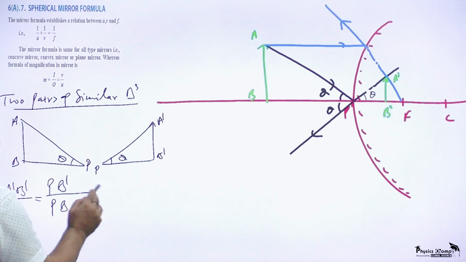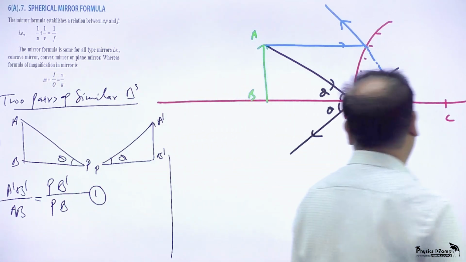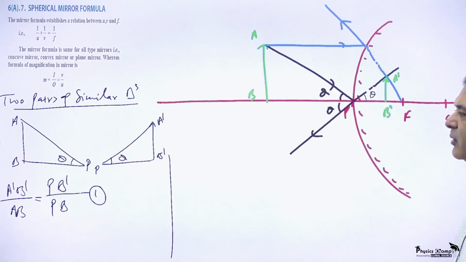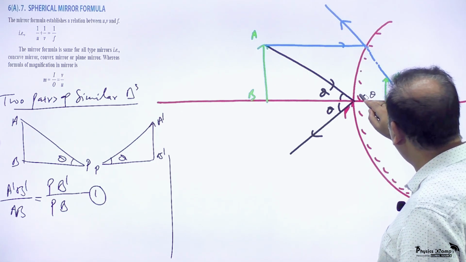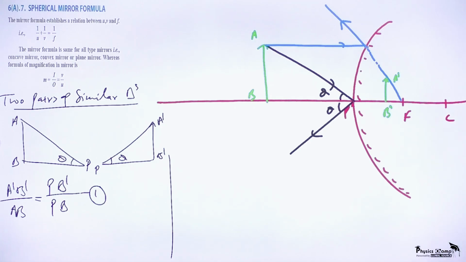Now let's look for another pair of similar triangles. In order to have a clear idea of the other pair, I am withdrawing this line, and you can see on the right side it is clearly visible.